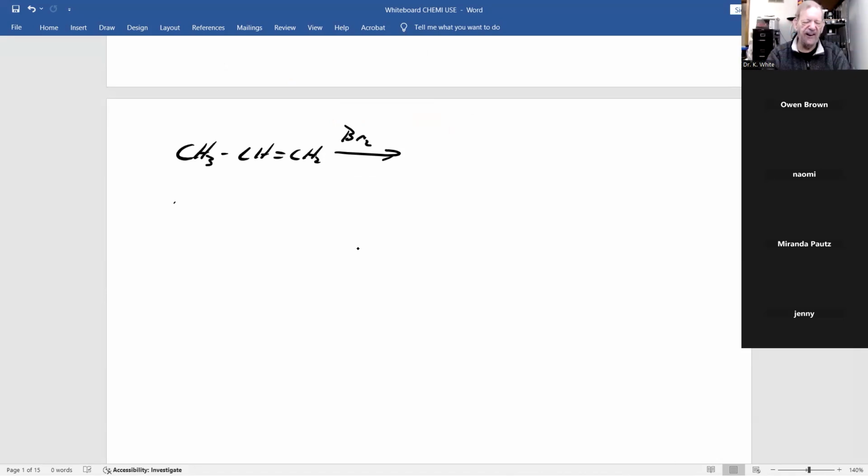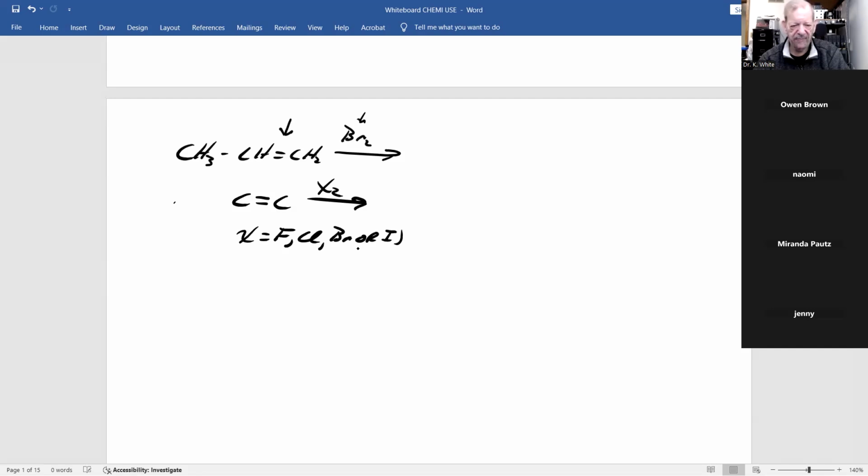When I say give, and I think on this test I finally changed it to draw, you should draw the structures. So you look for what's different. Ooh, a double bond. And I'm reacting with bromine gas, Br2, where X can be fluorine, chlorine, in our case bromine, or iodine. And you break the pi bond, and each carbon gets a halogen.